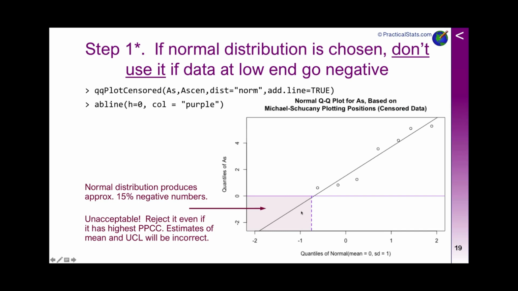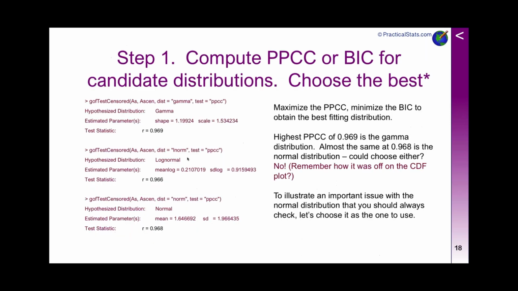So if you're going to choose a normal based on a numerical criterion, you need to back it up with plots. And if this line did not hit 0 until it was way down here, if 0 was much further down, then okay, fit a normal. But there are not many things that have a lower bound of 0 and where you're dealing with low values like non-detects that would not have an appreciable amount of values below 0, negative, if you fit a normal to it.